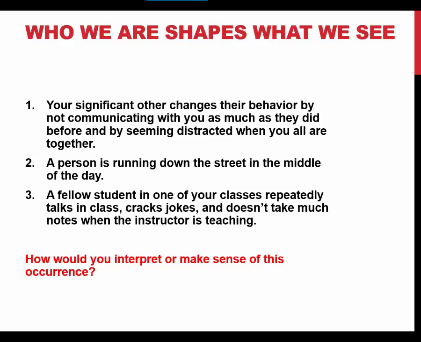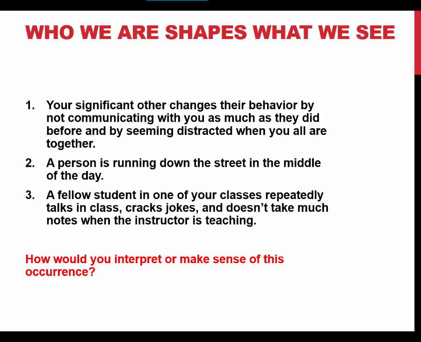Maybe you took into account your own self, your own personality, your own characteristics, your own experiences. So something like scenario 3, if you are also an extrovert who talks in class and cracks jokes, but you are still a very strong student, then you maybe would come to a very different interpretation of that scenario than a person who is more introverted and more quiet and respectful in class, who perhaps would assume that the student is not a good student or does not take the class seriously.